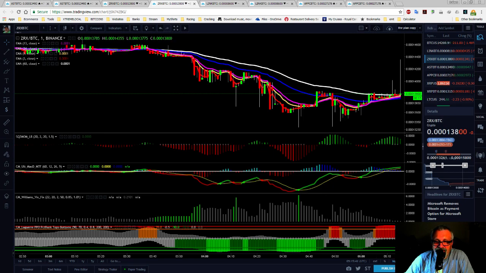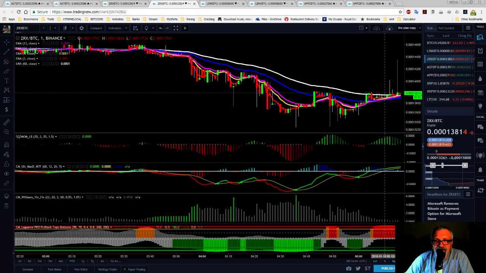This thing's fixing to rocket on up. We're going to take a little ride here. Look at that pin right there, how high it shot up in 7 seconds. Now's the time to get in ZRX. If you're not in ZRX, you better hurry up because we're fixing to take the ride.